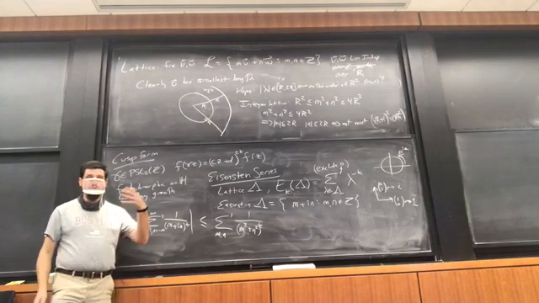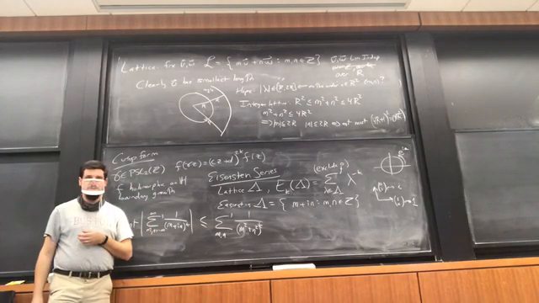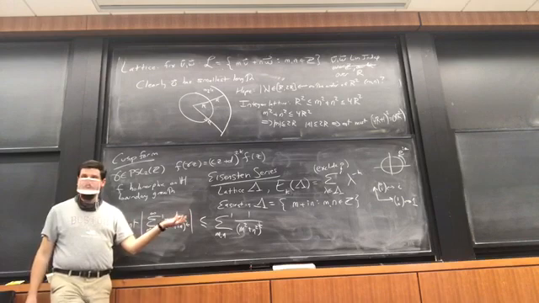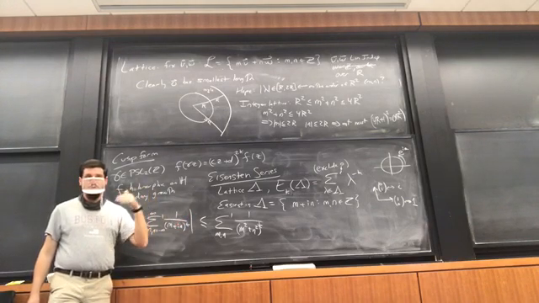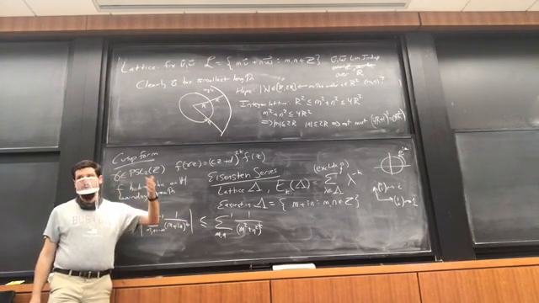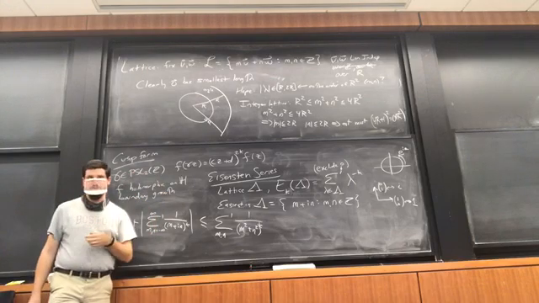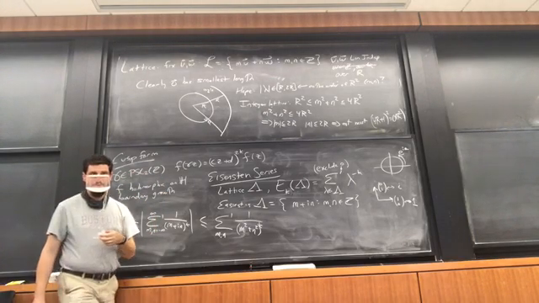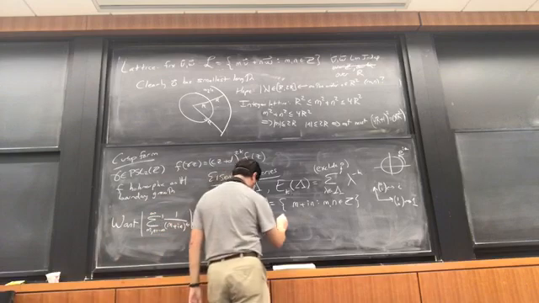And then what we can do is a dyadic decomposition. We can say, how many of these have norms between 1 and 2, 2 and 4, 4 and 8, 8 and 16. So do a dyadic decomposition.